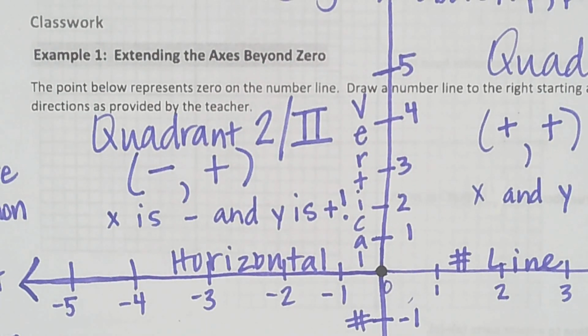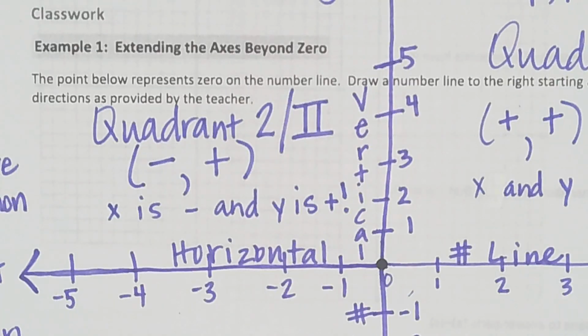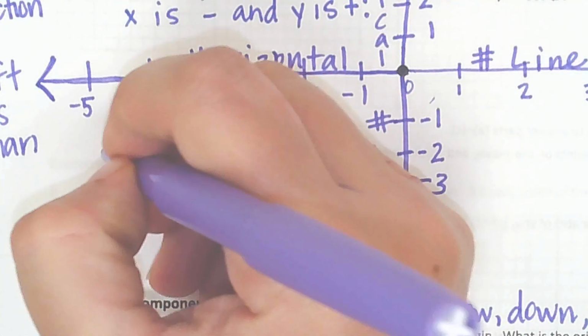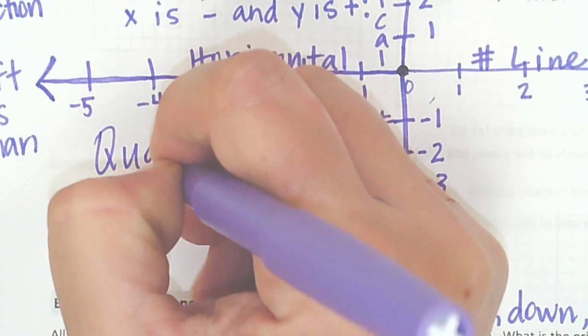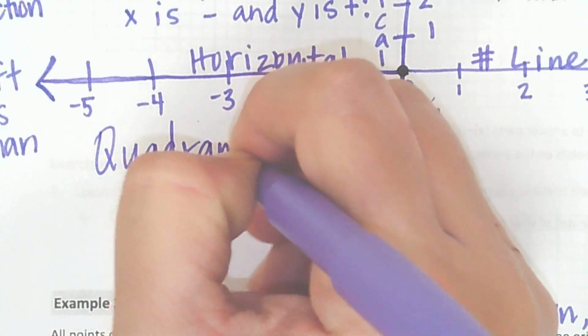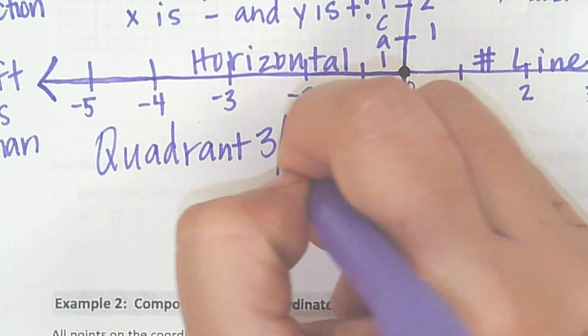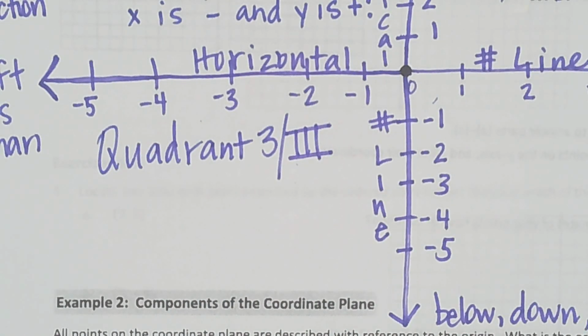Now, which way do you think we're going to go? Which way am I going to go now? I'm done with quadrant 2. Now I'm going to go down to quadrant 3. Then that Roman numeral looks like 3 I's.